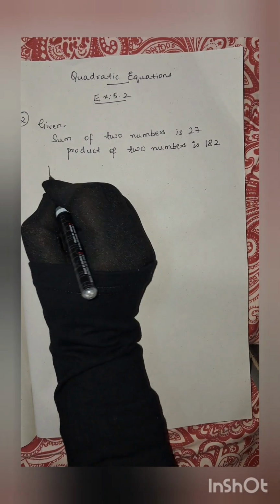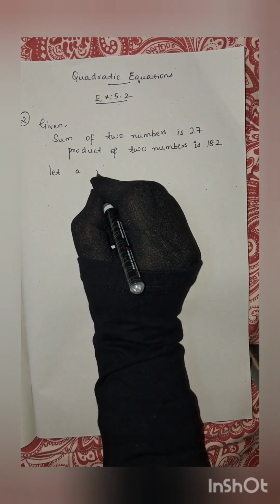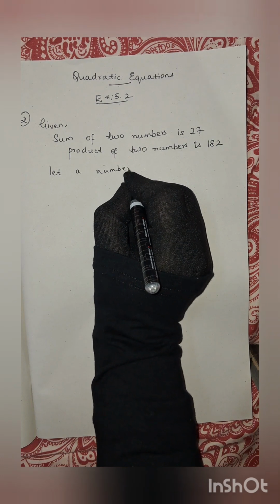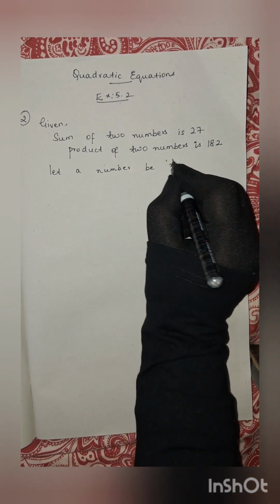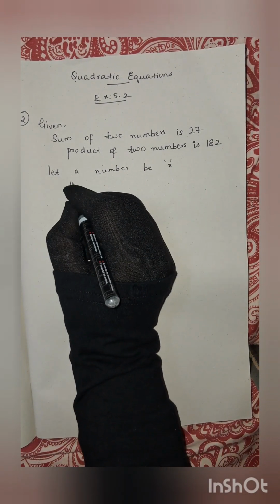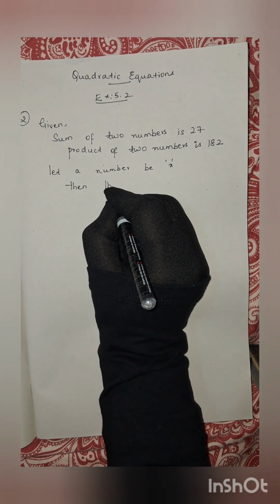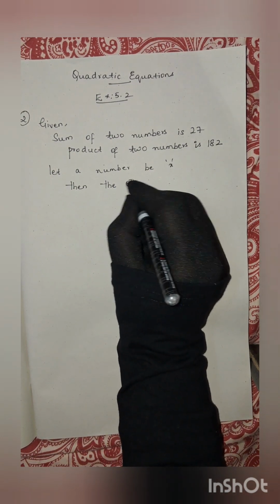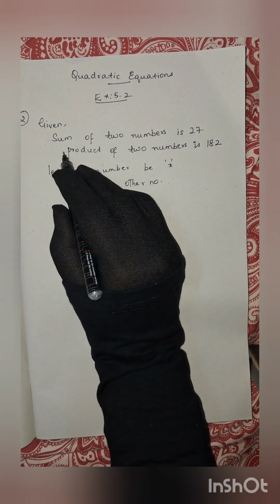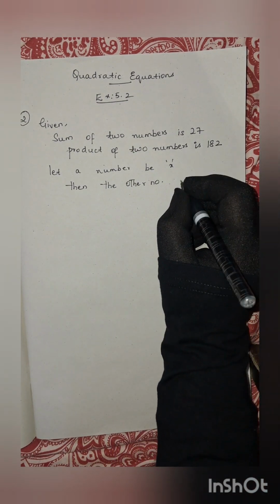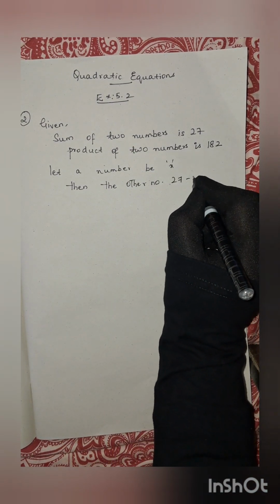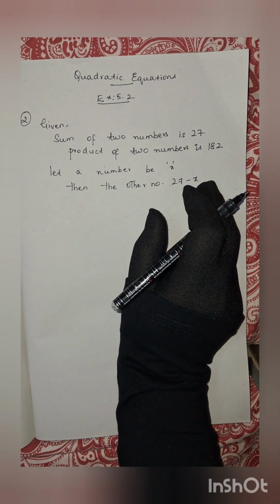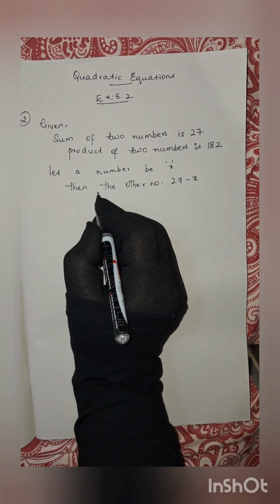Okay, so let a number be x, and then the other number will be what? Since the sum of two numbers is 27, the other number will be 27 minus x, right?